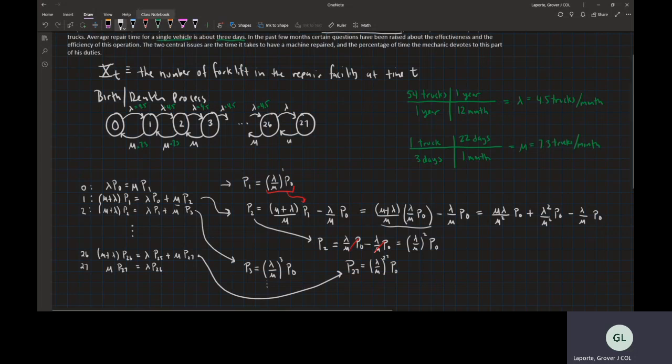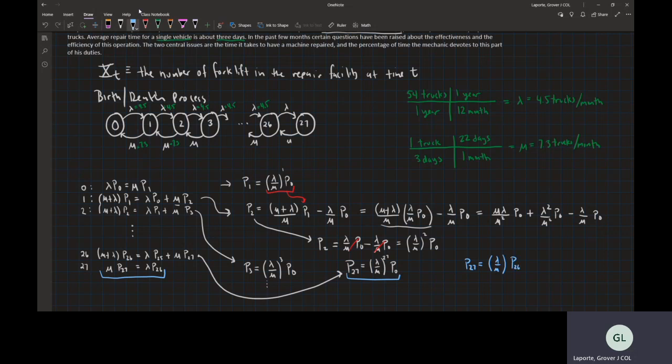And all I want to do now, just real quick, I'll do it in a different color. I just want to show that this equation, this 27th one, really doesn't get used. It's basically saying the same thing that this one said. So let's see why that's true. P27 is equal to, dividing both sides by mu, lambda over mu times P26.